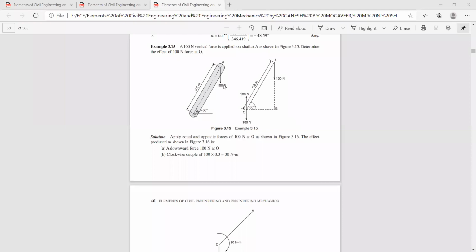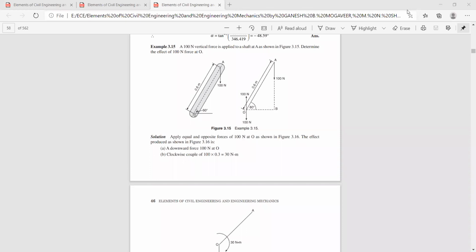Any doubts or clarifications, you can ask freely. Anyone? Concept clear? Yes, sir.